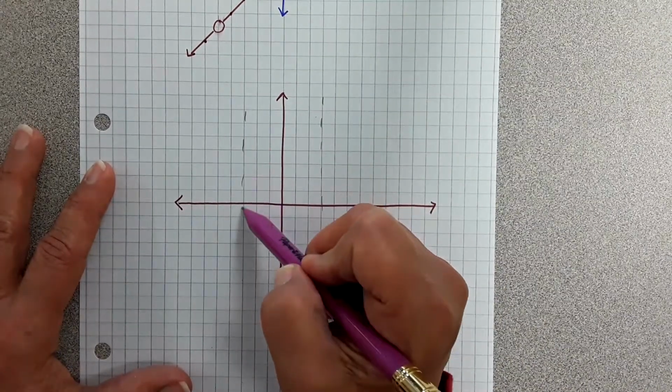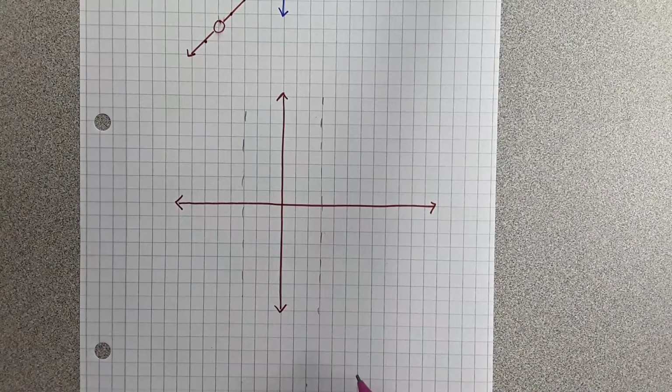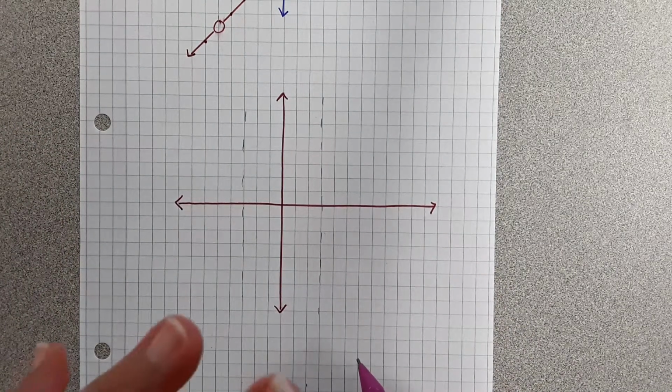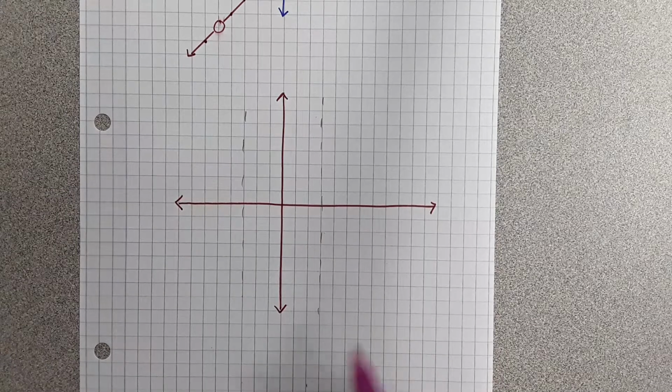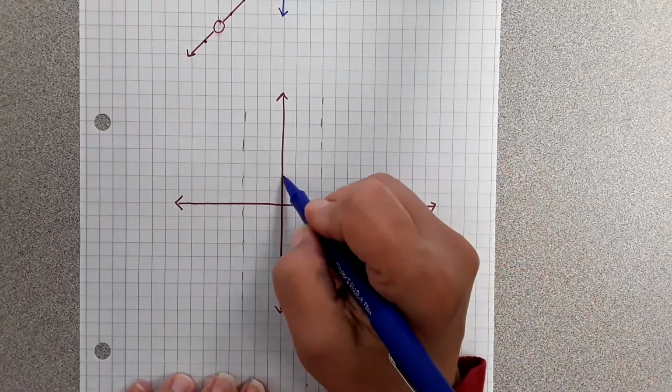Now remember, yesterday we had 2 vertical asymptotes, but they actually stayed. These are not going to stay because we have a hole. I'm just putting them in there so that I know if I cross them, I need to put my point of discontinuity. So I'm going to start at positive 2.